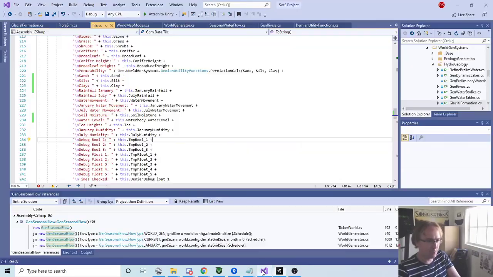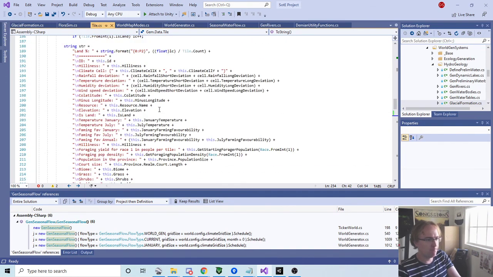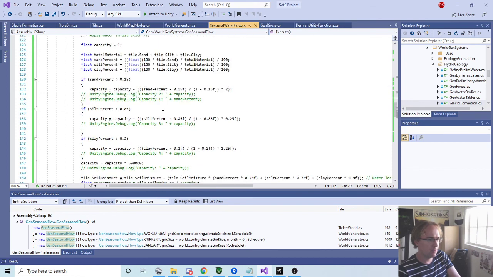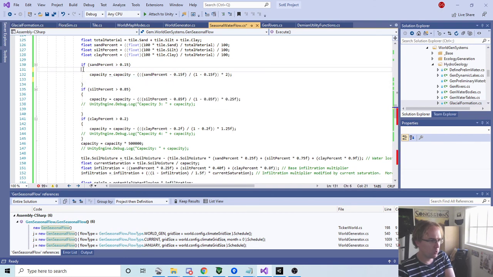And I need to re-enable the other jobs first. But I had a major bug that I had to deal with. So seasonal water flow, potential water flooding. So here's all of the new code in water flow.